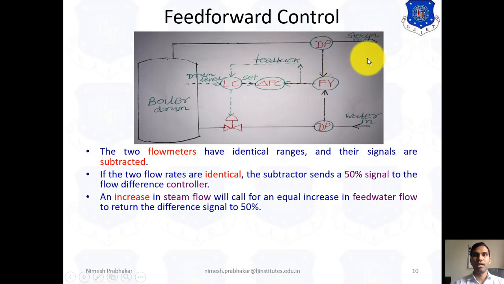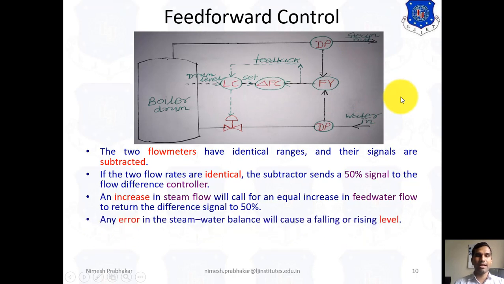That means if the steam outlet flow is increased, then the water inlet flow of course increases. If we require a low steam flow rate, that means the steam outlet flow rate is reduced, so at that time the water inlet flow is also reduced. So this is a simple function of the feed water control system to regulate the steam and water flow rate.